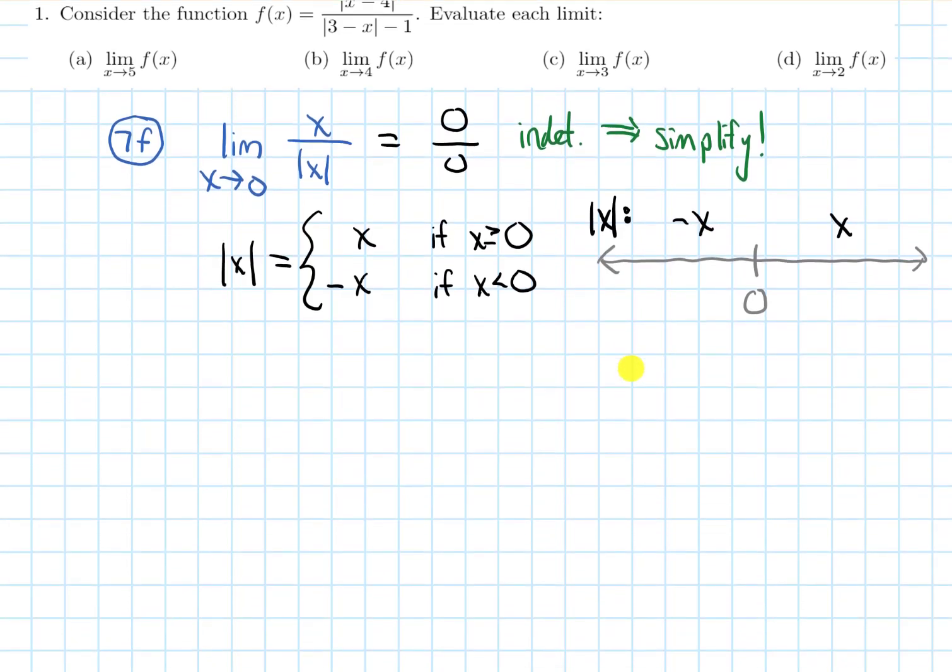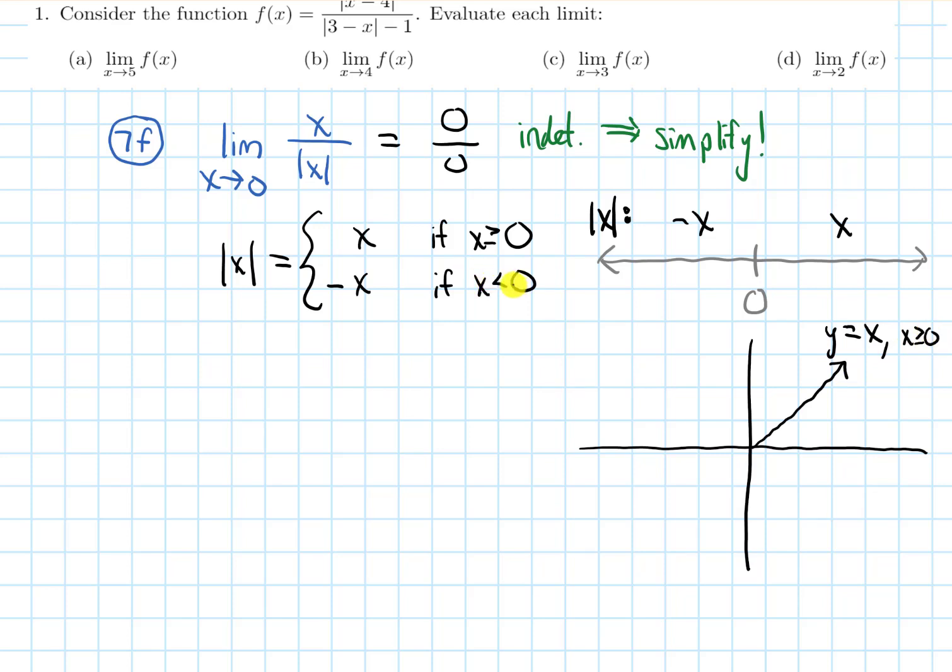Okay, and let's use this to now form the graph. If I draw on some xy axes, what we're saying is the absolute value of x should look like x, so the graph of y equals x, which is a line going through the origin, and the slope is 1, but only where x is greater than or equal to 0. That means I'm only going to draw the part of that line where x is greater than or equal to 0.